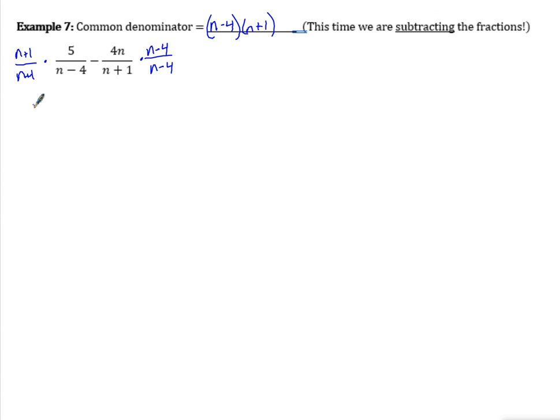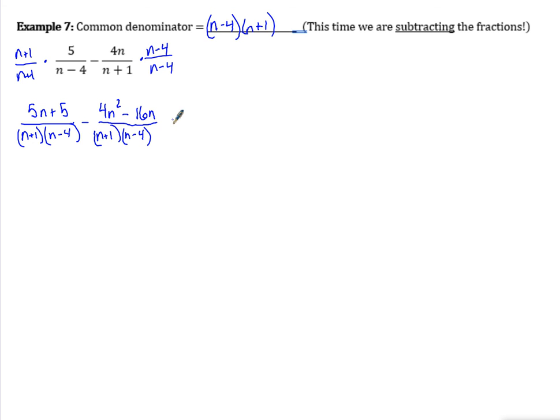Okay, so over here, 5n plus 5 over n plus 1, n minus 4. Minus, here that would be 4n squared minus 16n over n plus 1 times n minus 4.